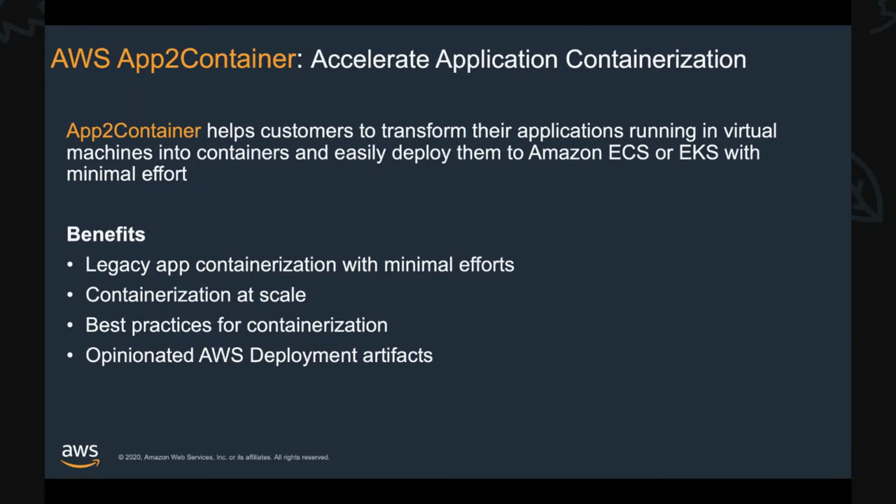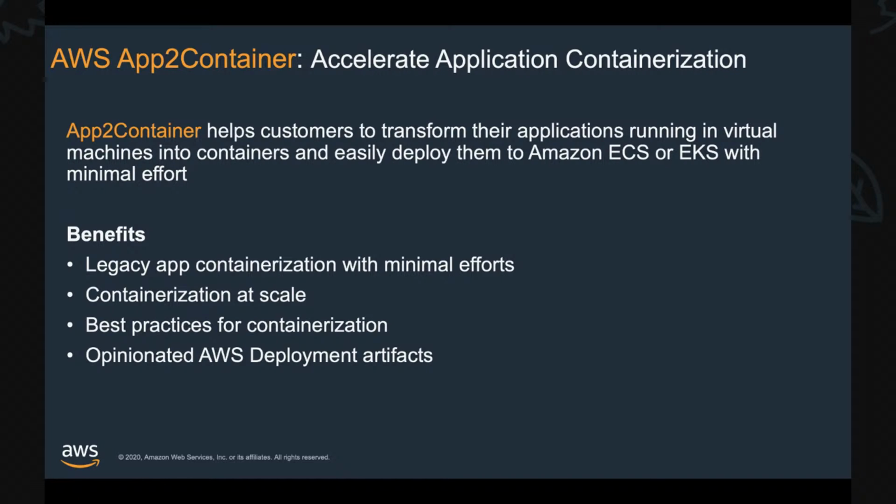Basically, AWS App to Container is just a command line tool that helps transform the existing applications running in servers and virtual machines into containers, right? And it's doing this without needing any code changes. So A2C discovers the applications running on a server, identifies dependencies, and generates relevant artifacts for seamless deployment to Amazon ECS and Amazon EKS.